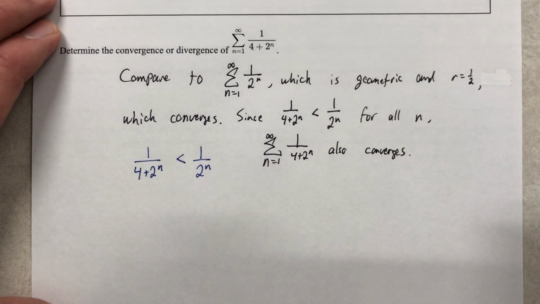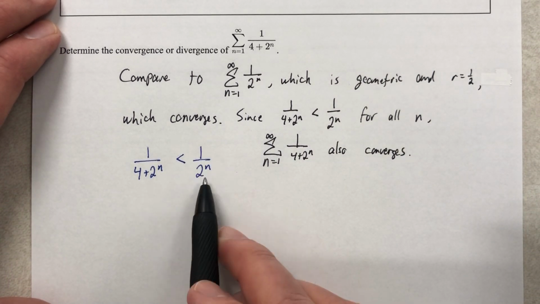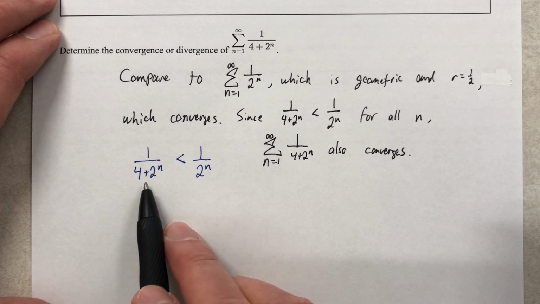The one we picked was consistently bigger, and it converged, so the smaller one also converged.